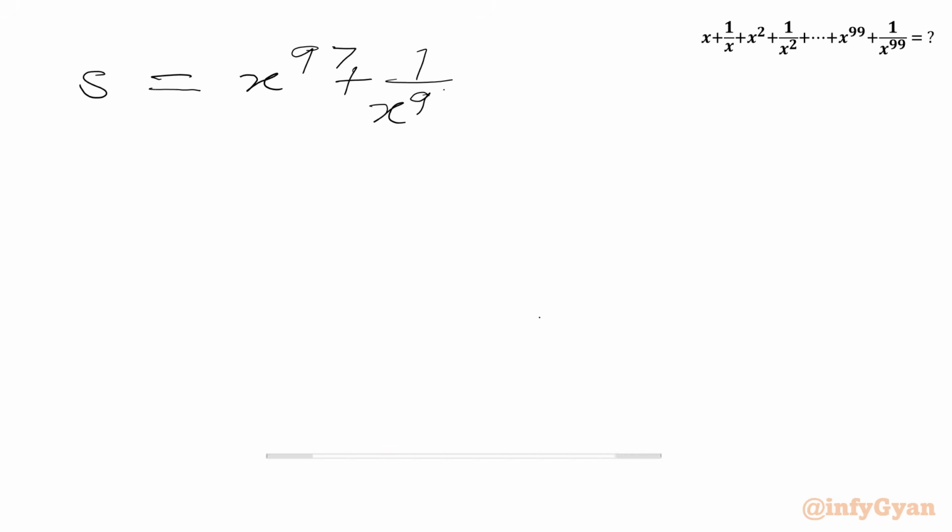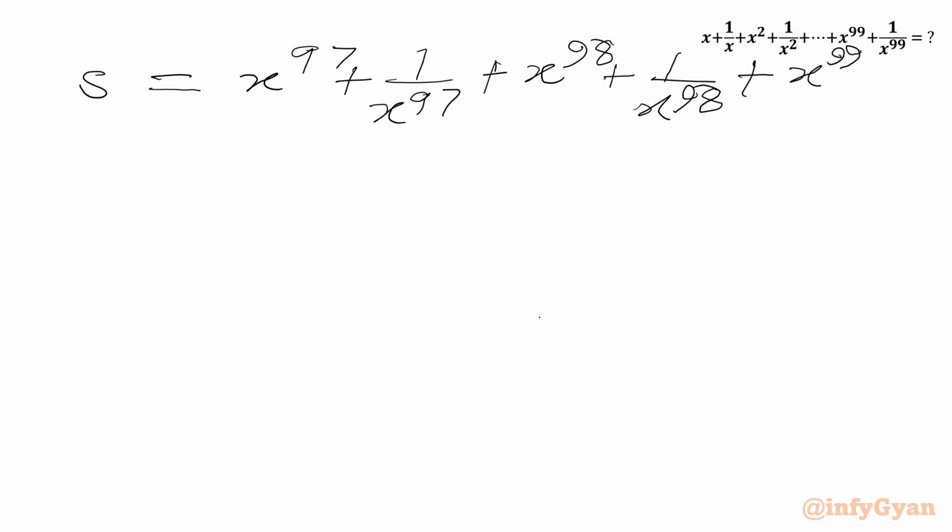So I will write S would be equal to x power 97 plus 1 over x power 97 plus x power 98 plus 1 over x power 98 plus x power 99 plus 1 over x power 99.